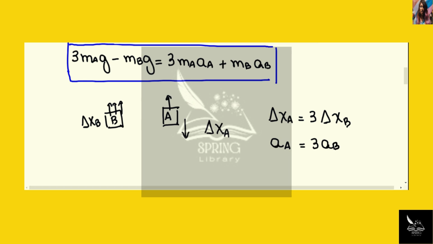So I'm going to substitute this into the equation that we had before. So we had 3MAG minus MBG is equal to 3MA times 3AB plus MBAB.